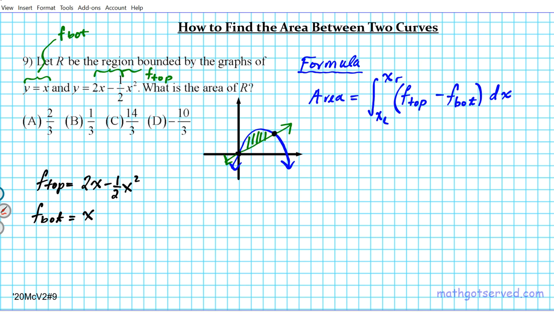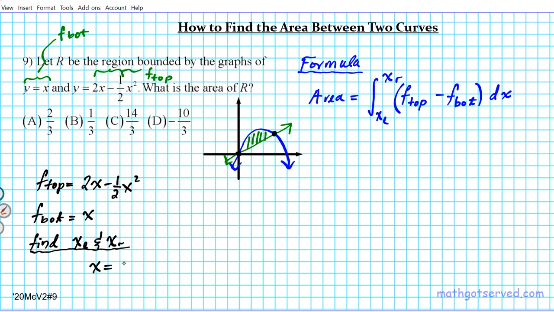So to find our points of intersection, we are going to set both of them equal to each other. Okay, so our task now is to find x left and x right using algebraic processes.